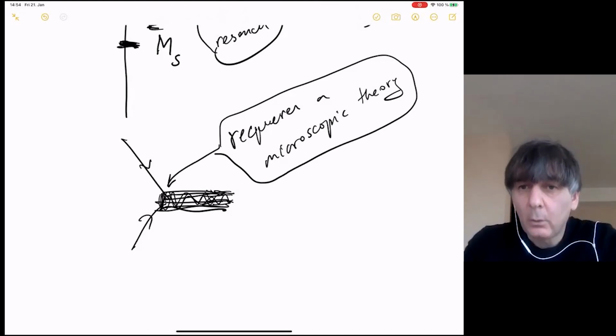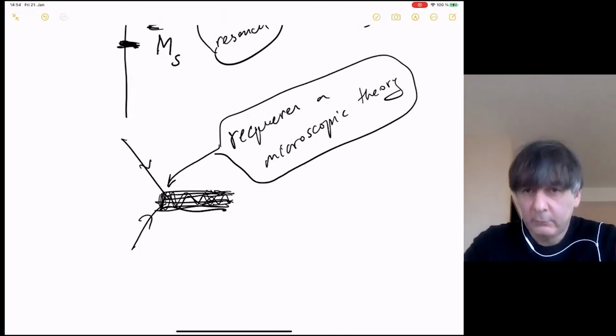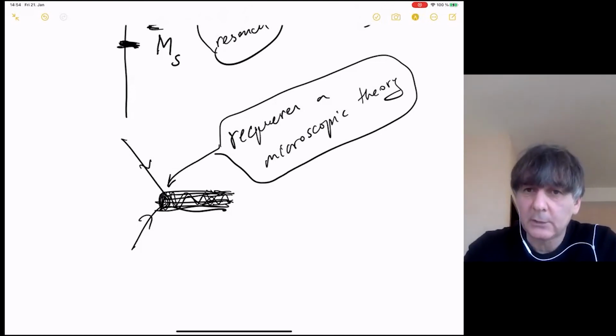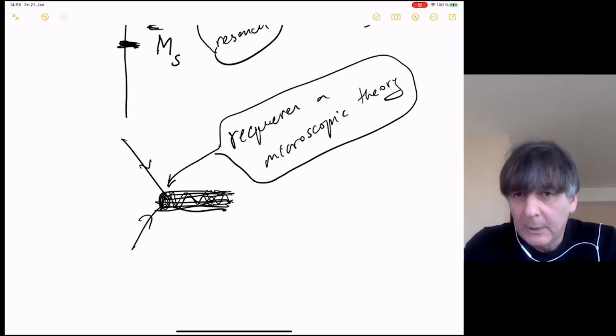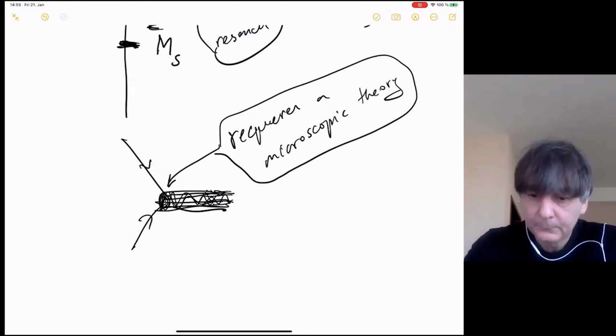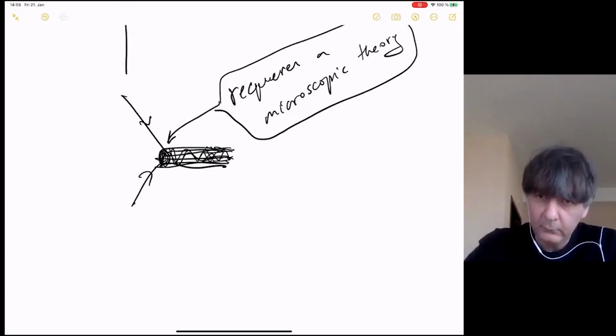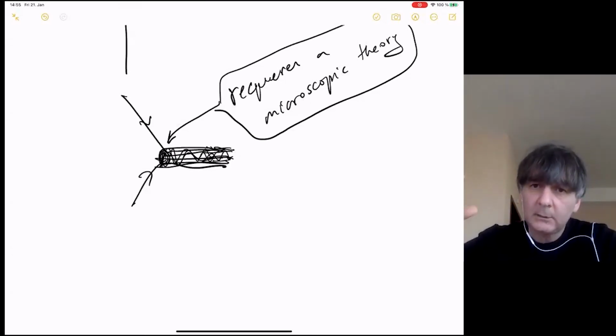Now, there is no commonly accepted microscopic theory. First of all, there is no microscopic theory which understands the structure of the resonances around the strong coupling, and also there is no commonly accepted microscopic theory of these resonances. Now, one way to do these computations would be to extrapolate from the better understanding that we have for black hole resonances that are heavier.